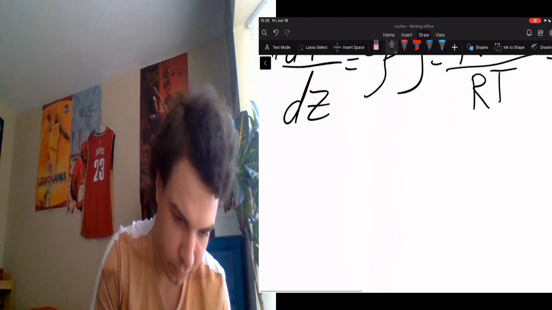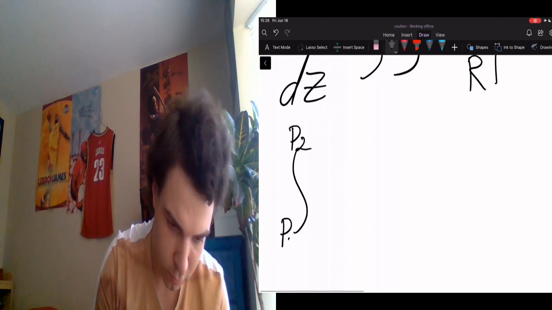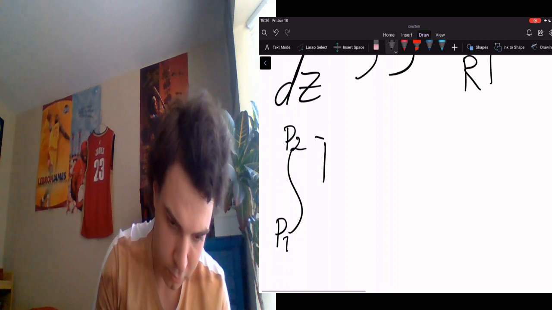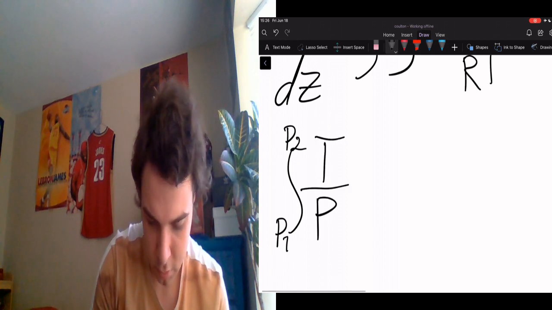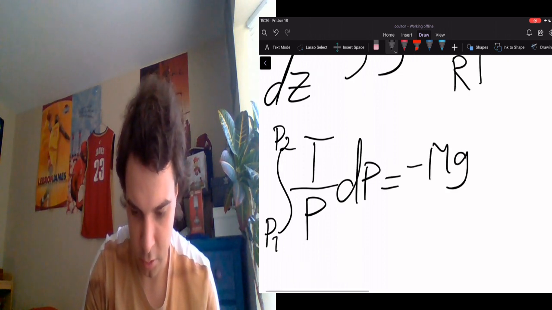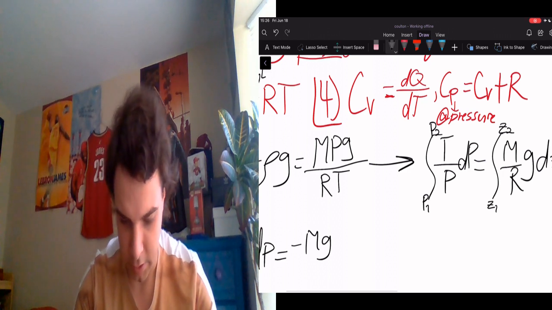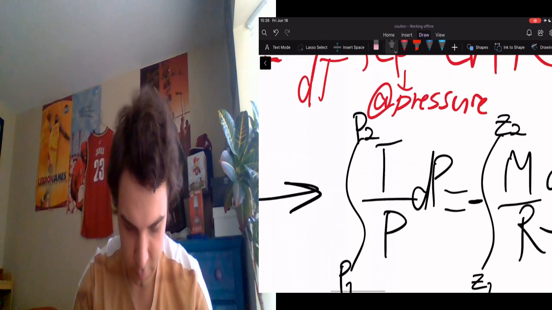So we'll get over P dP equals negative mg. Did I leave a negative out of there? I did. There's a negative here in front of here. Forgot about that.